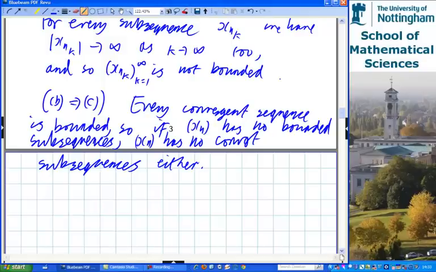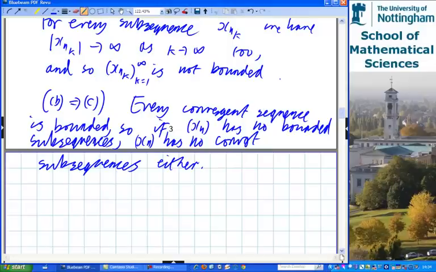Okay, so that does A implies B and B implies C, and now you have to figure out the best way to finish. Can you do C implies A, or do you want to do C implies B and B implies A, which I think might be the best thing? And how do you want to do B implies A?